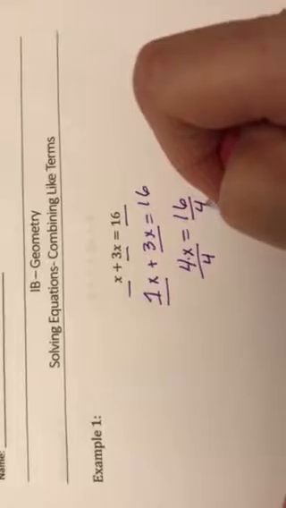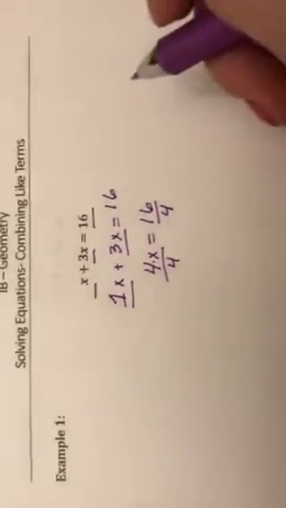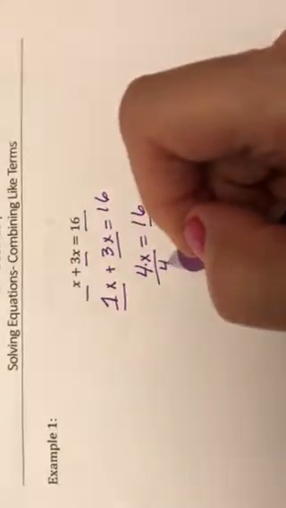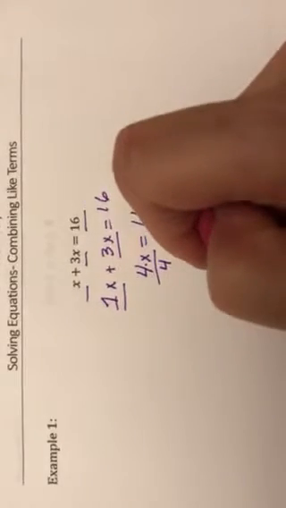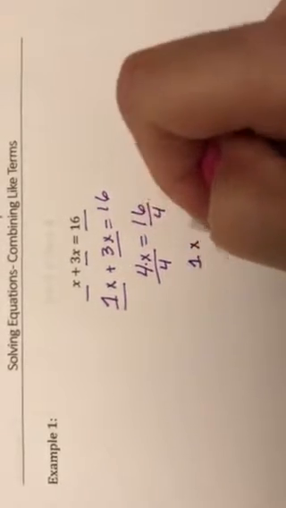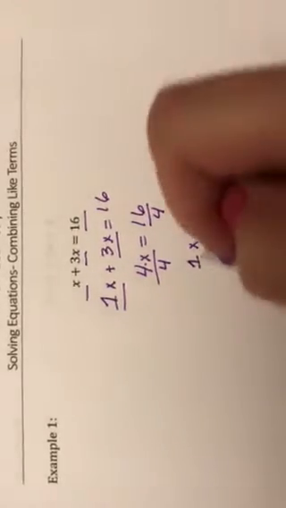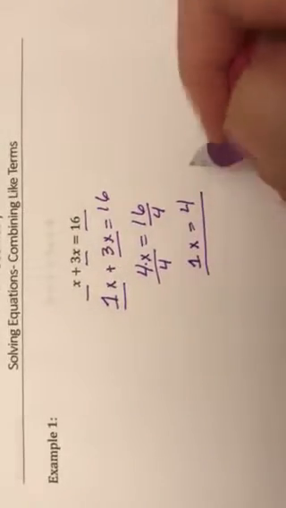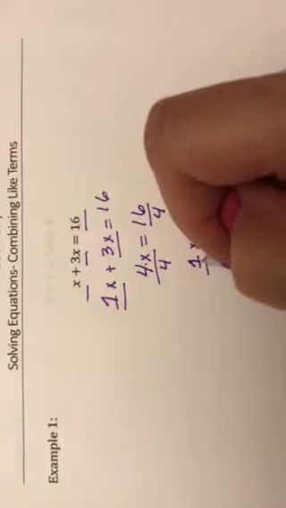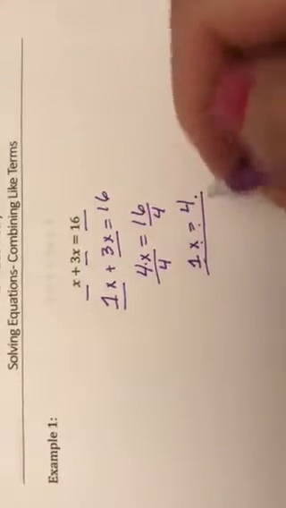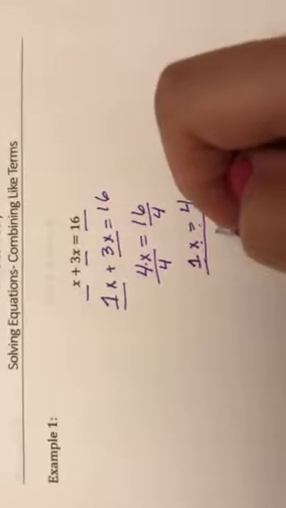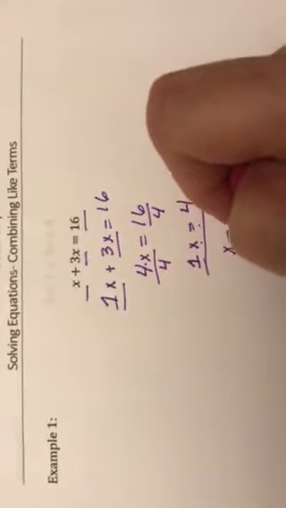So I'm going to divide both sides by 4, and I end up with 4 divided by 4 is 1. x equals 16 divided by 4 is 4. And we found what we're looking for. We found 1x equals 4. But generally, the neater way to write this is just x equals 4.